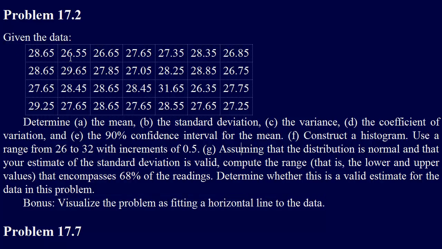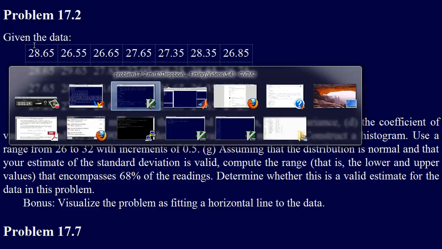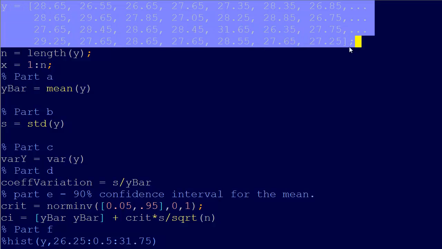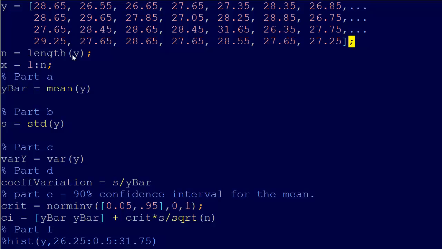So let's just start out here, and I'm going to use MATLAB for this problem because that's my favorite tool to work with. I've started a MATLAB script here. The first thing I did is copy in the data. This is our Y data, just copied straight from the book. I could have made an error, but hopefully I didn't.